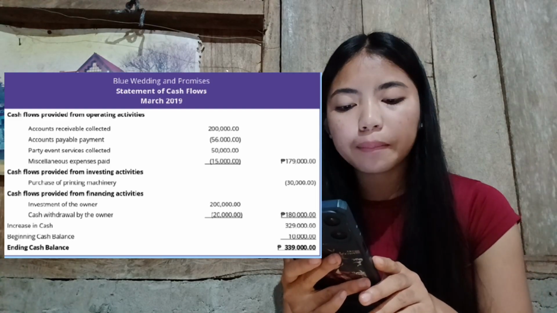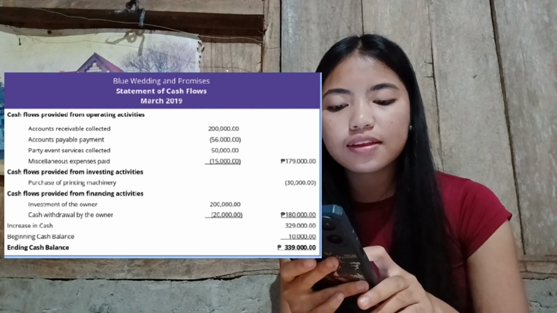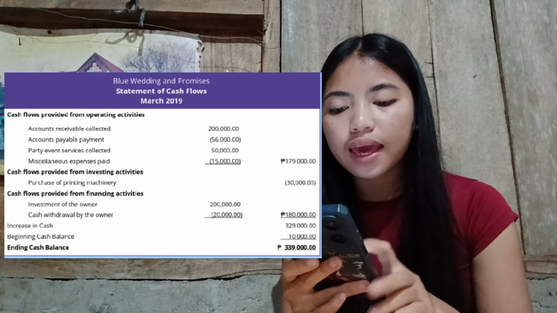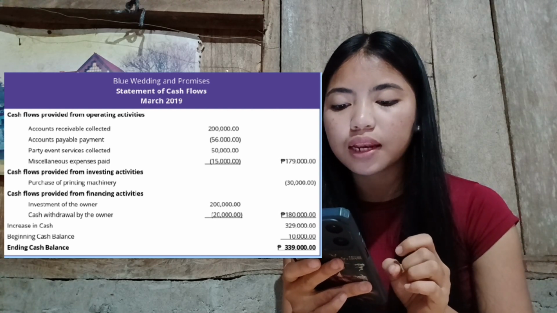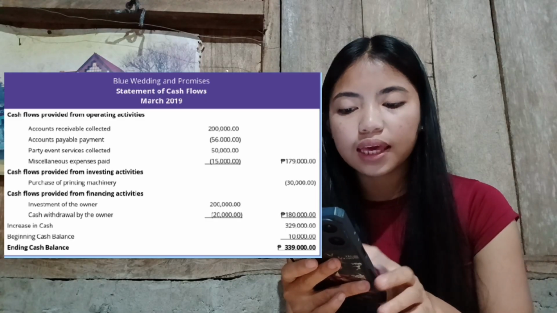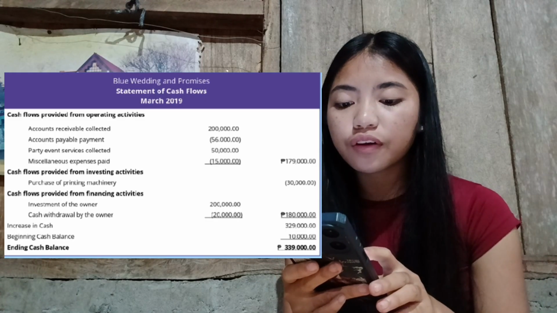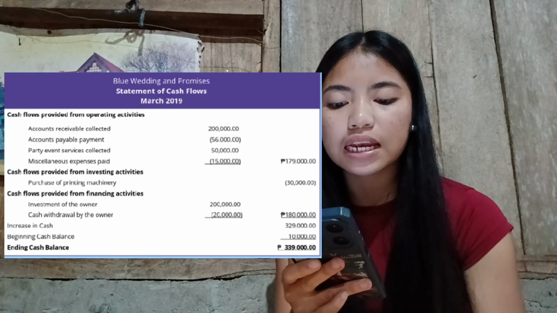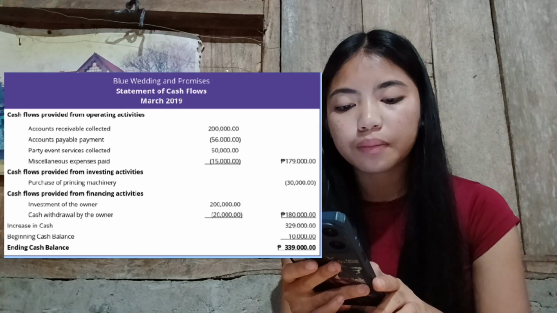So 200,000 plus 50,000 pesos is 250,000 pesos. After that, we add the accounts payable payment and miscellaneous expenses paid, since they are payments. So 56,000 pesos plus 15,000 pesos is 71,000 pesos.